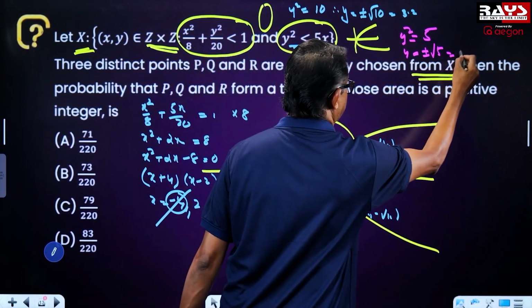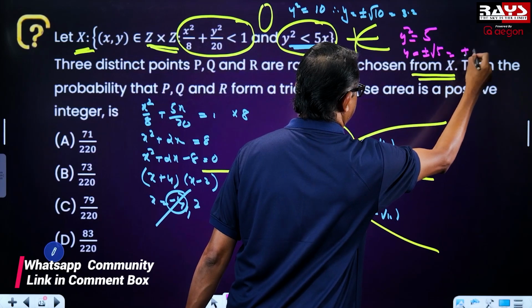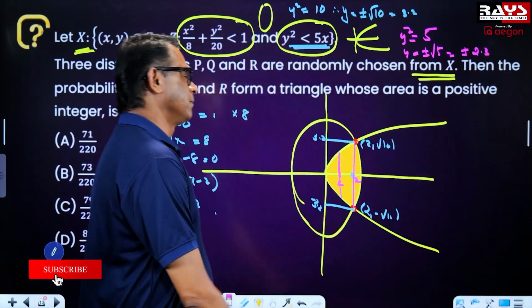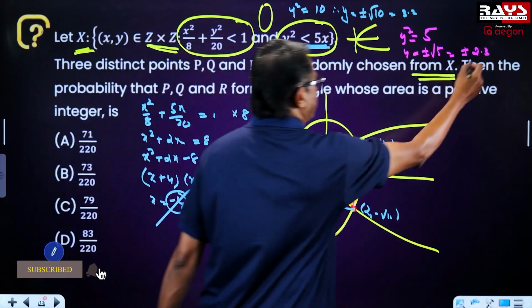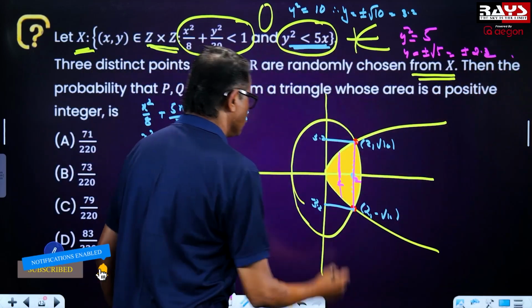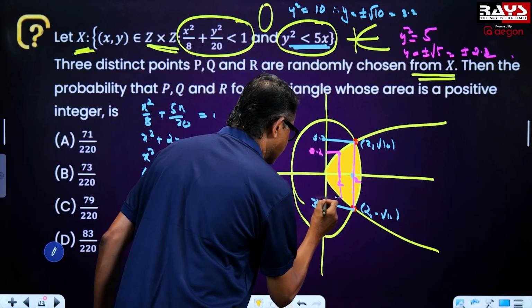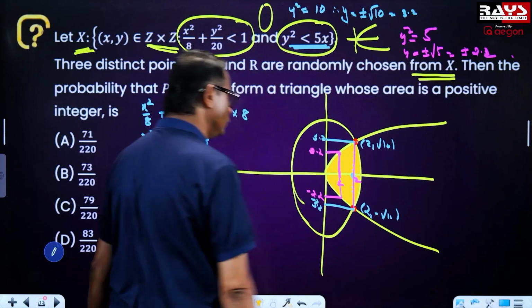Plus or minus root 5 will be approximately plus or minus 2.2. So this point will be 2.2 and by symmetry this is minus 2.2.